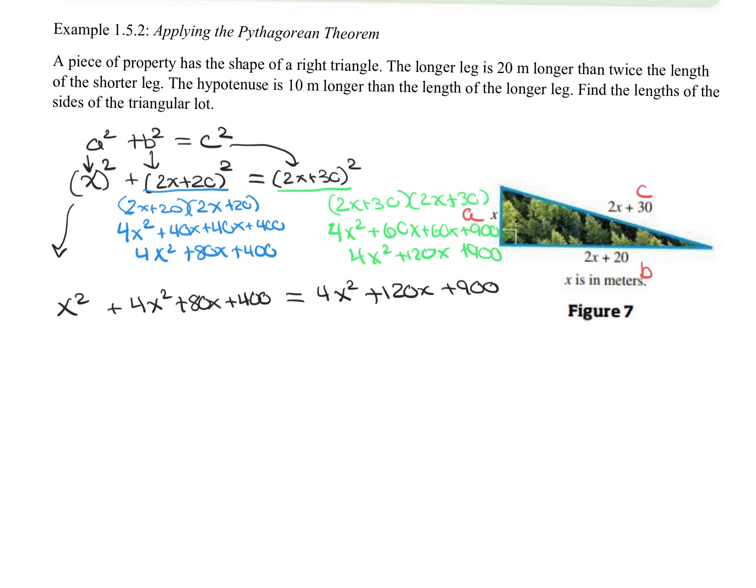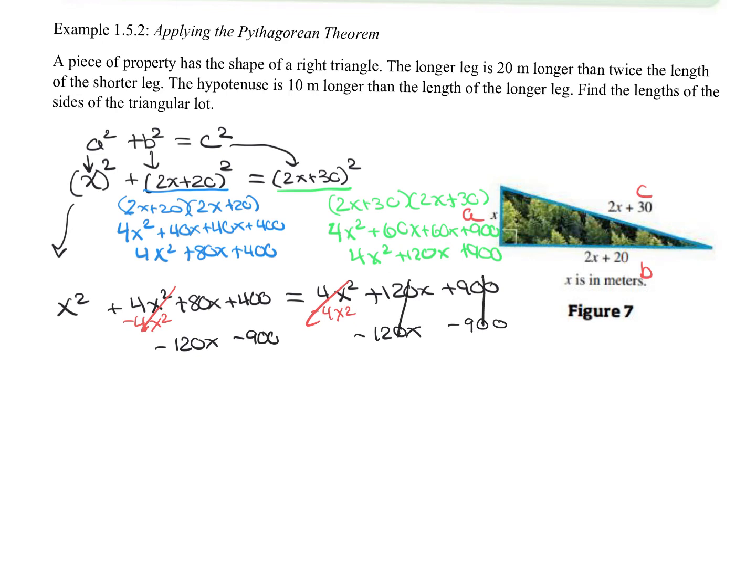The first thing I noticed right away, though, is if I subtract 4x squared from this side and 4x squared from this side, those cancel off. And so I'm going to move everything actually to the x squared. I'm going to minus the 120x minus the 900 on both sides.